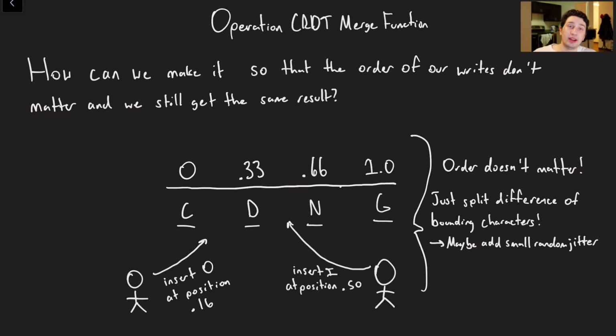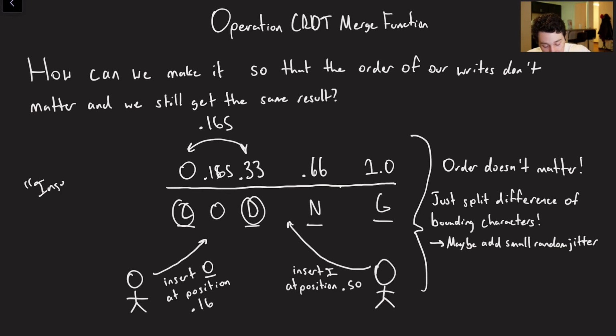So now someone else comes along, they want to insert a character. If I want to insert O between character C and character D, I actually take these two numbers and then I just divide them by 2, right? So that's actually going to put me at, let's see, 0.165. And so this is where I'm going to be inserting O. So I would say O at 0.165.